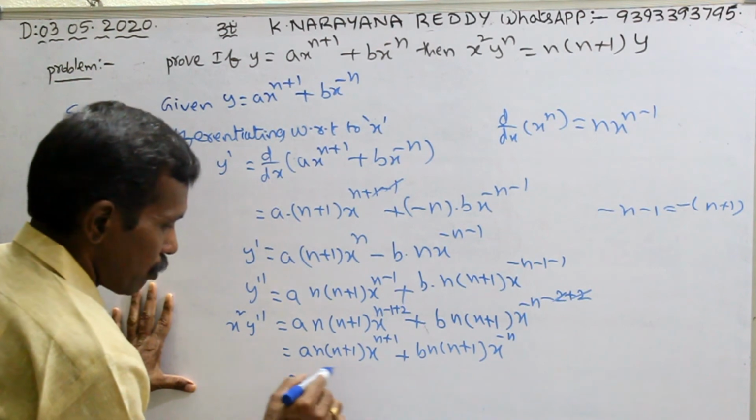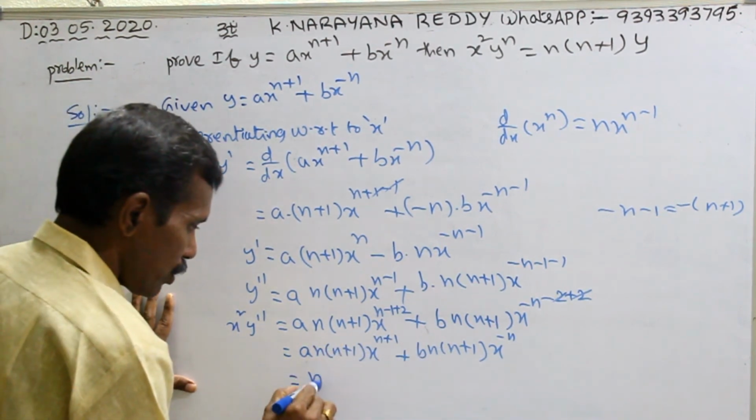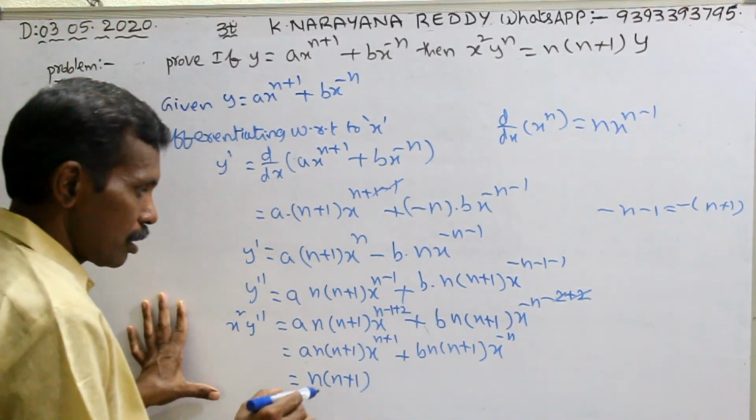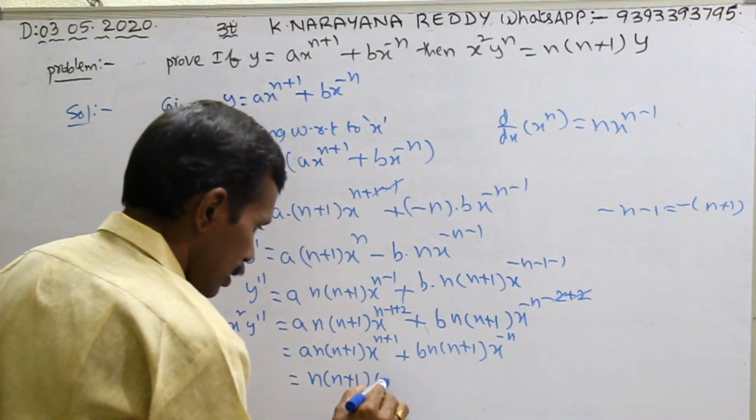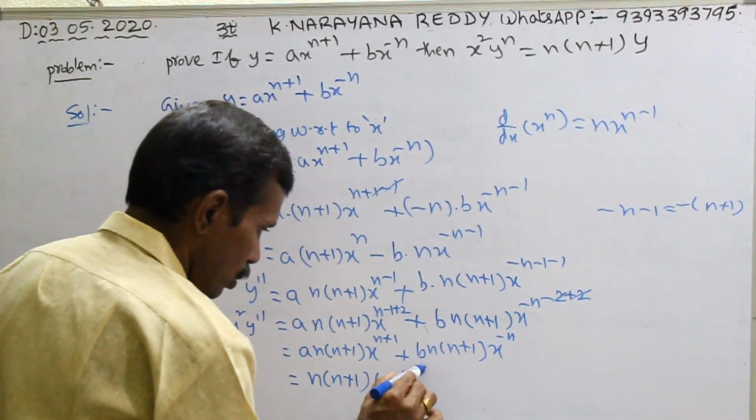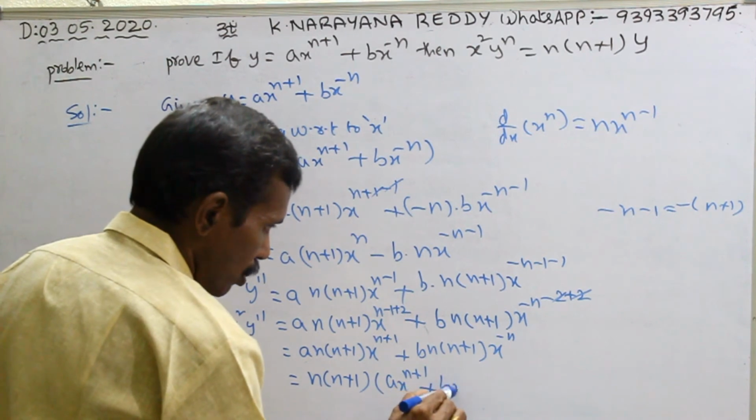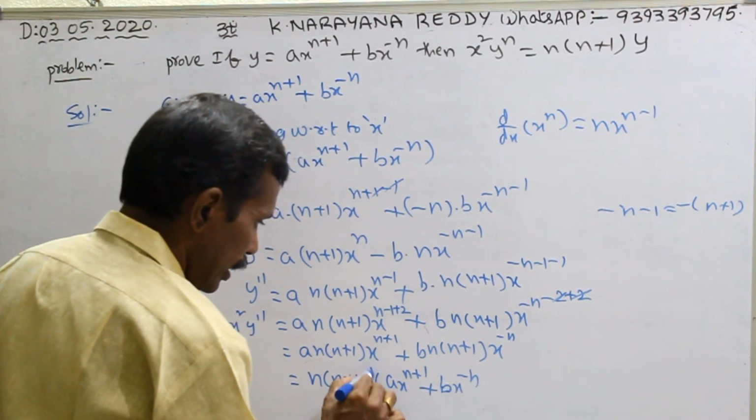Now I will take common this one, n into n plus 1, common, times (a x to the power of n plus 1 plus b x to the power of minus n). Okay.